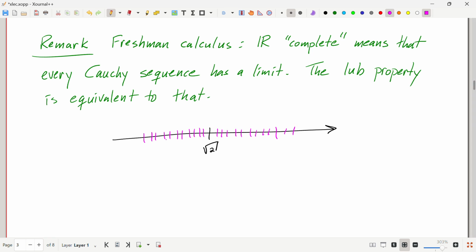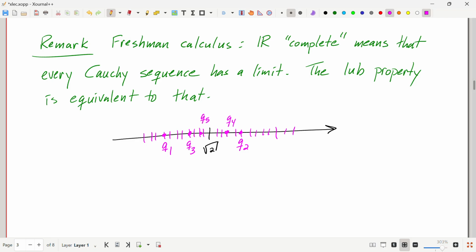You could take a Q1 over here somewhere, and then take a rational number over here, Q2, and then you could start squeezing in Q3, Q4, Q5.